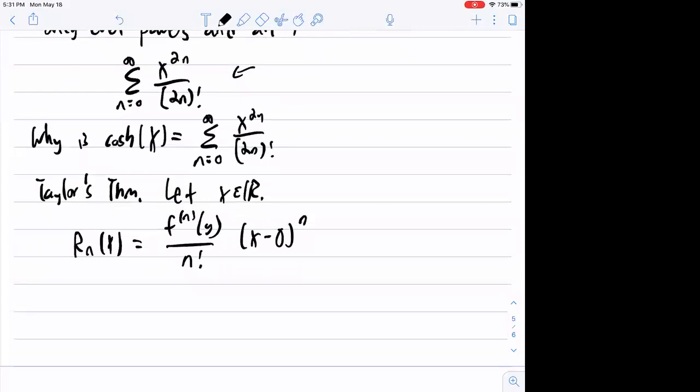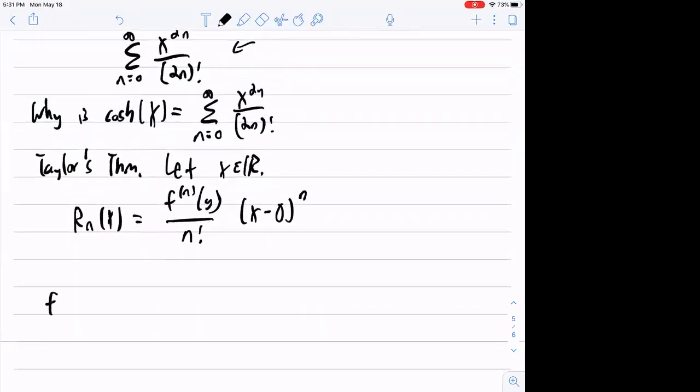Now, Fn of y, I don't want to use x, so I'll call this x tilde, because I'm going to use x here. So Fn of x tilde is either 1/2 of e to the x tilde plus e to the minus x tilde, or this, right?